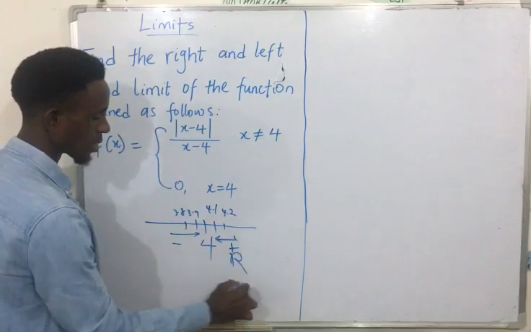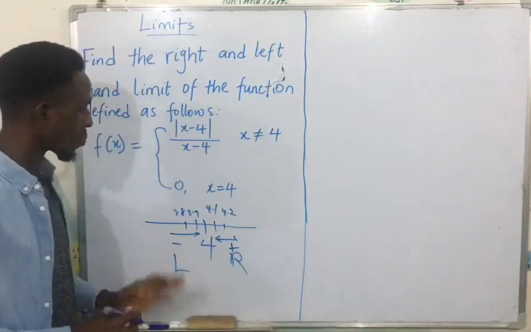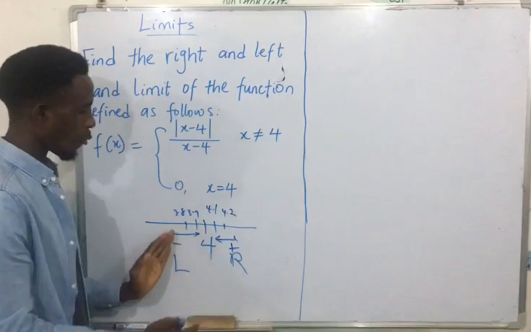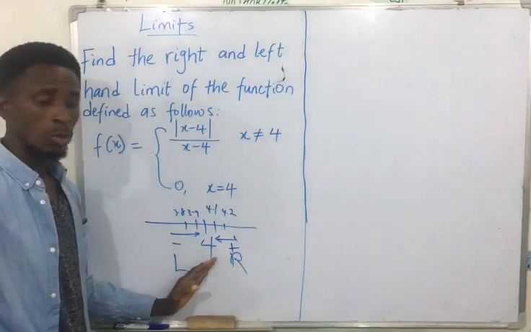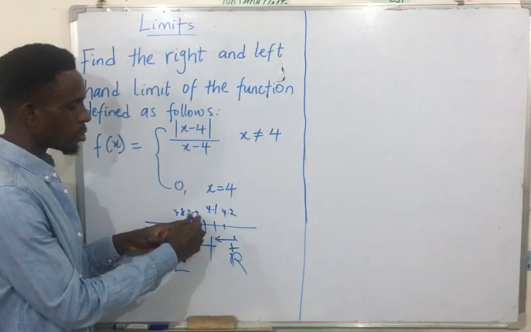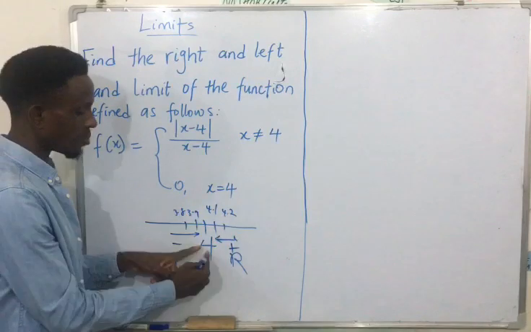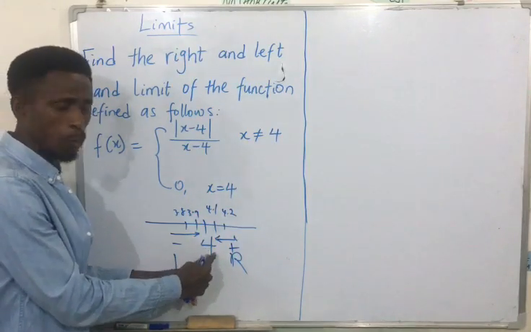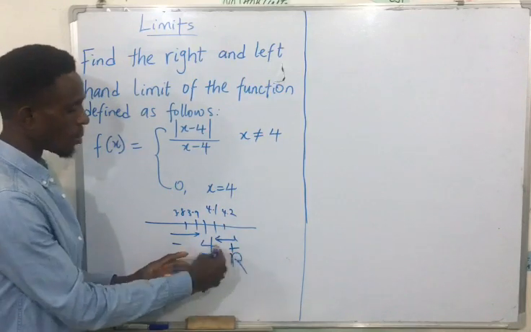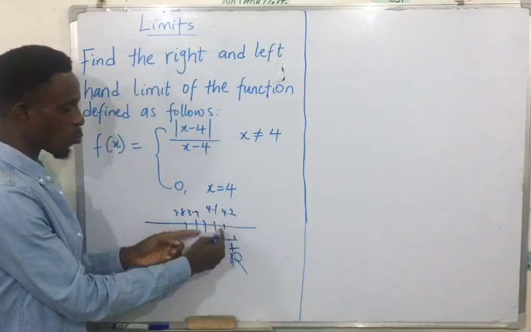So let me put it right hand limit and left hand limit. Now left hand limit, when it is approaching 4 from the left part, the values can be 3.8, 3.9, 3.91 or whatever it is before it gets to 4. Whereas when it's approaching 4 from your right hand limit, it can become 4.2, 4.1 till it gets to the point 4.